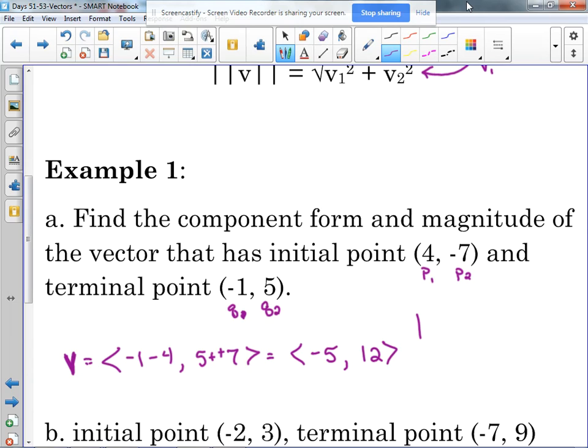Let's find the magnitude. It looks like double absolute value bars. And then that's the square root of your x squared plus your y squared.